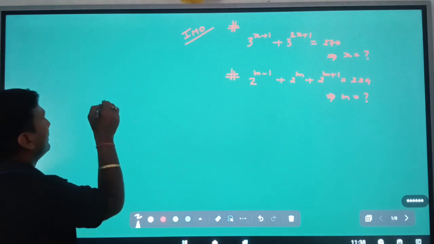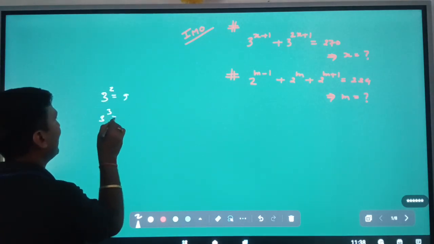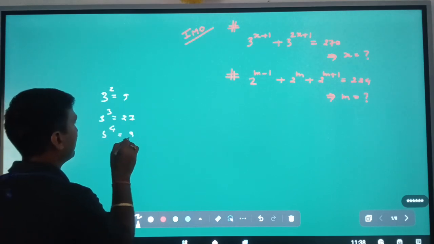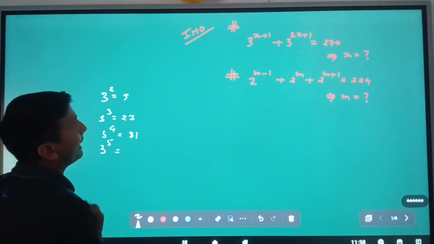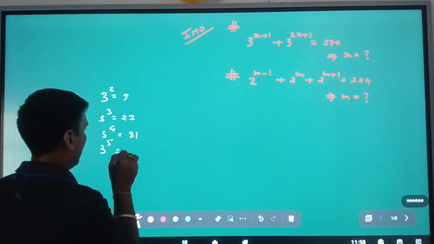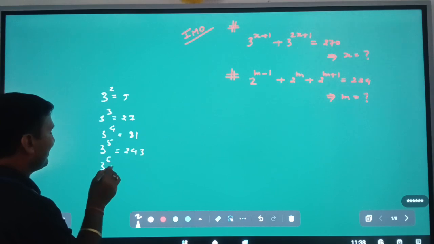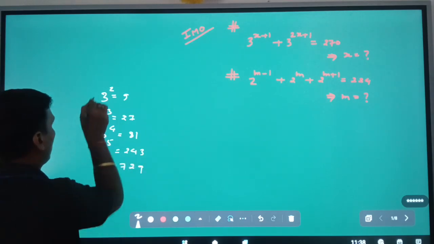I know that 3 square is equal to 9, 3 cube is equal to 27, 3 raised to the power 4 is going to be 81, and 3 raised to the power 5 is going to be 243. If we go ahead, 3 to the power 6 is equal to 729 and so on.